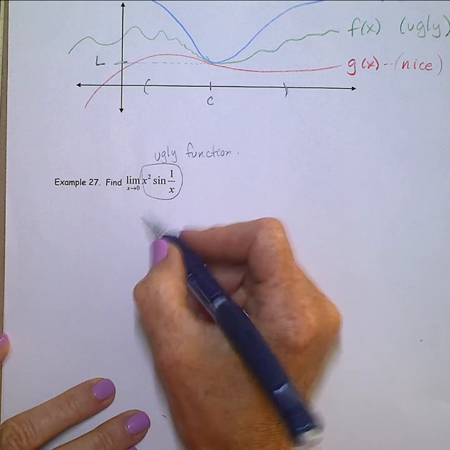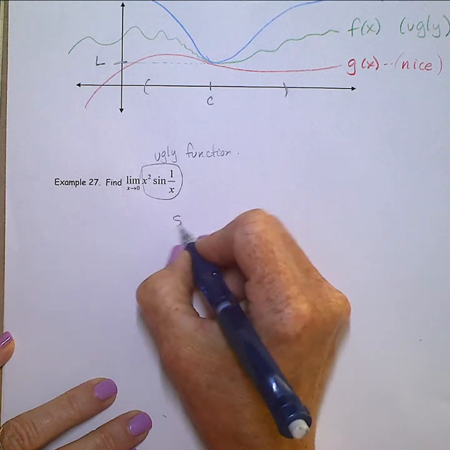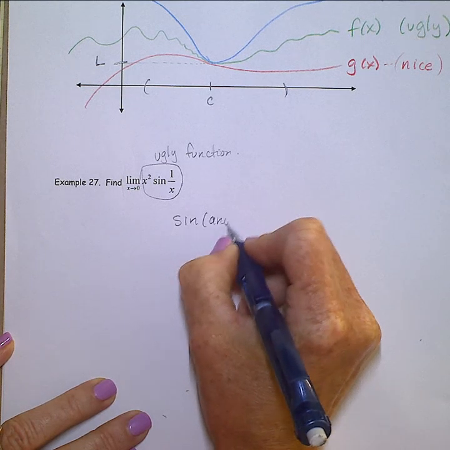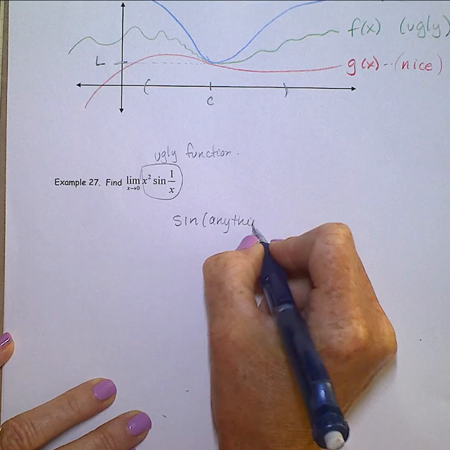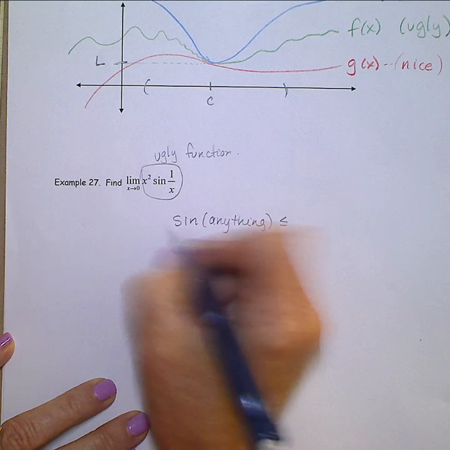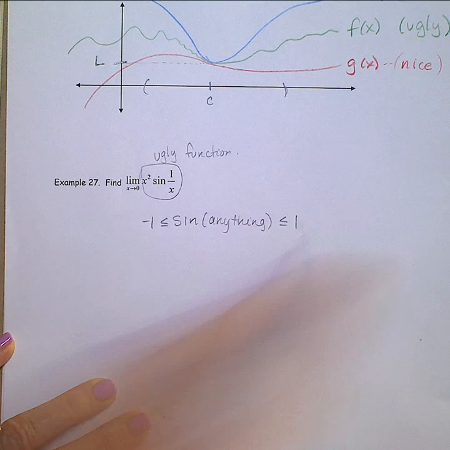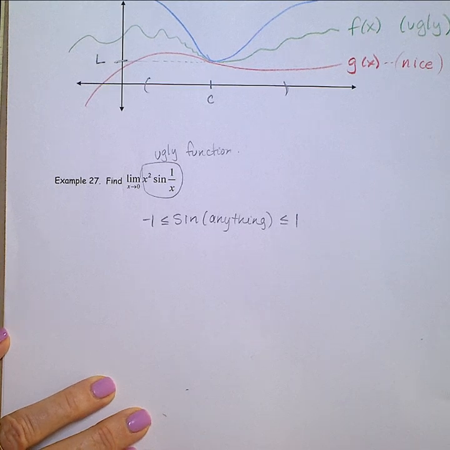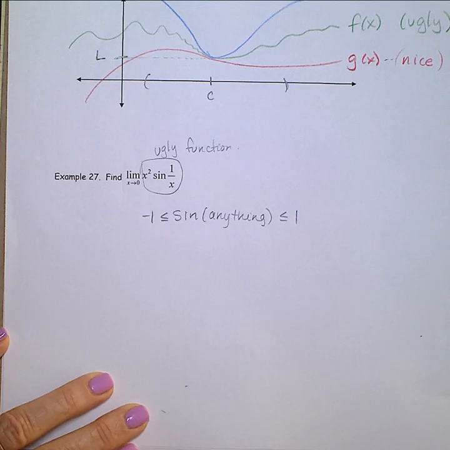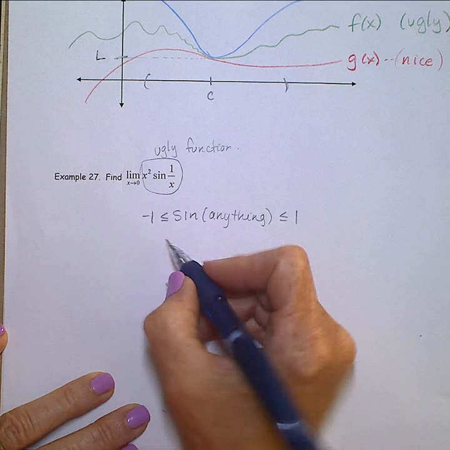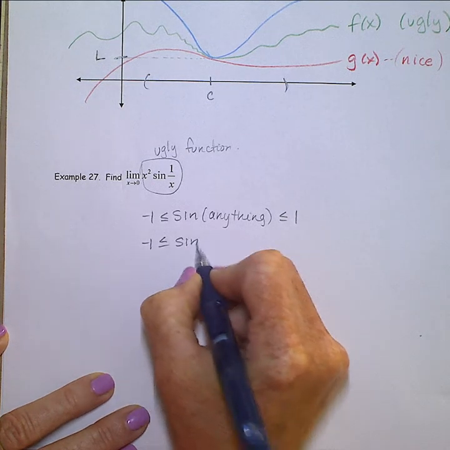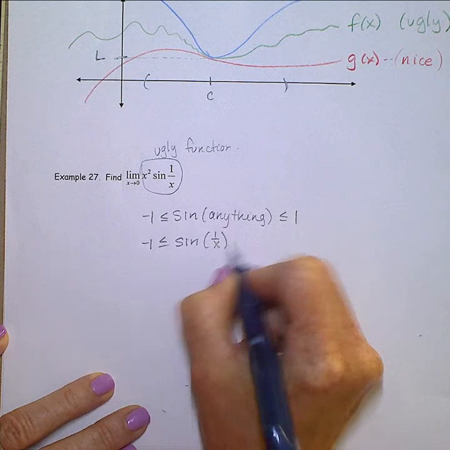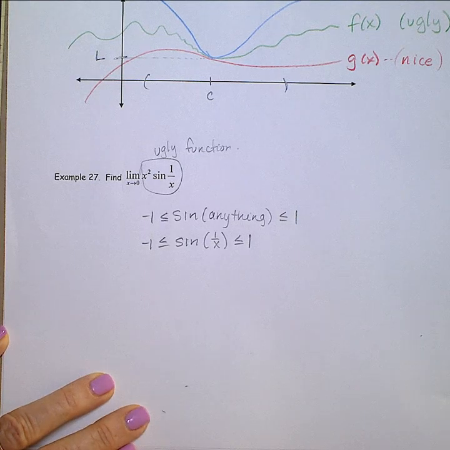Would you agree that the sine of anything from the unit circle must be between -1 and 1? Y values off the unit circle, sine has to be between -1 and 1. Well then, the sine of 1 over x has to be between -1 and 1.